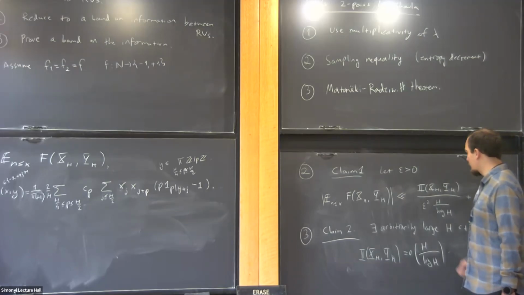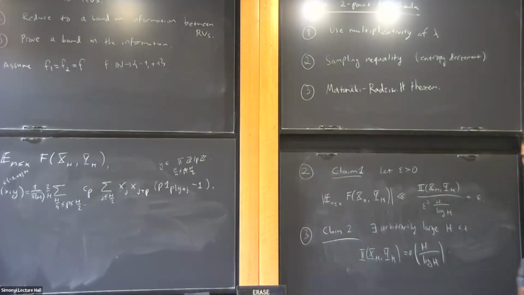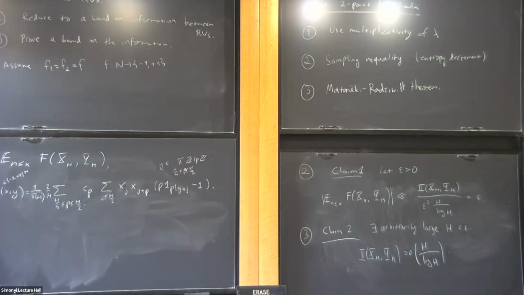Okay, well, if you just postulated these two claims, then the conclusion would immediately follow, because this is saying that this term is little-o of 1, so it's less than epsilon. So the whole thing is less than epsilon, and therefore you have cancellation in the average of x and y.